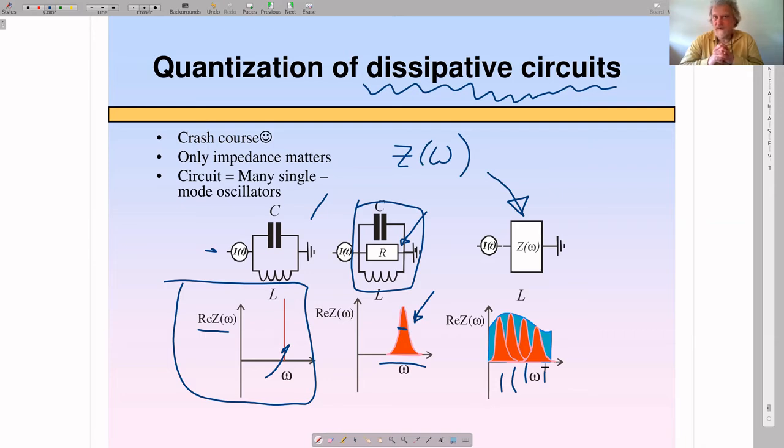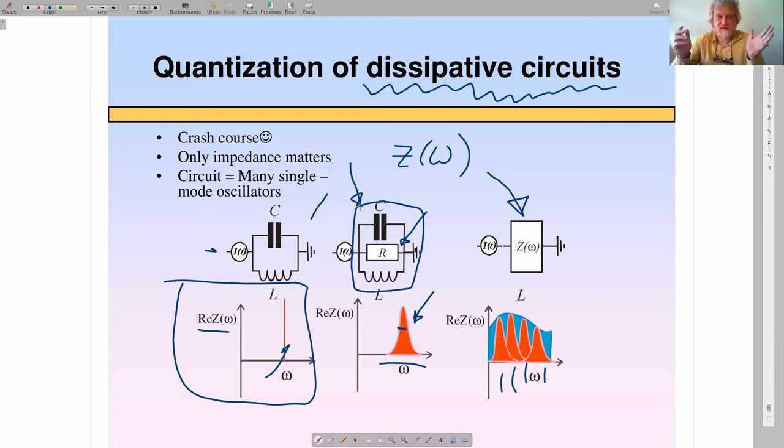We can model an impedance with oscillators like this. The more oscillators we take, the more accurate the modeling will be.